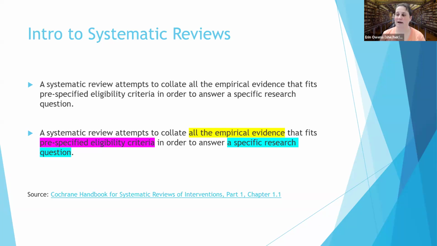We might have criteria about looking at peer-reviewed articles and not including conference presentations or dissertations. So there's a number of different ways the criteria may come into play depending on our project, but systematic reviews are characterized by having very, very specific criteria to determine when a study is going to be included and when a study is not included.